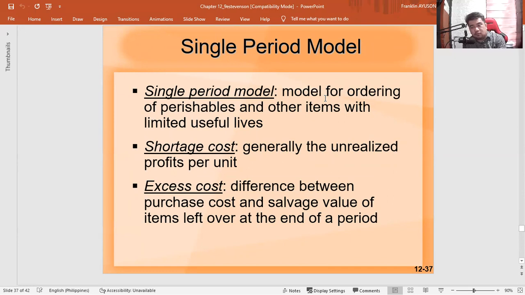Ayan, yung mga prutas, yung mga vegetables, whether or not you put it in storage, meron lang talaga siyang ample time para ma-dispose. So kung hindi sila nabibili, again, this becomes excess cost for the organization, because they have to do something about it in order to salvage the value.